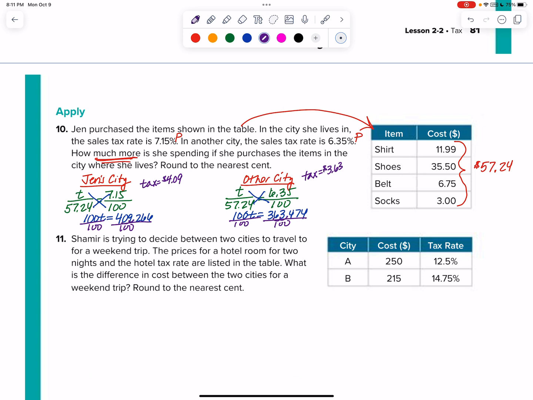The original amount of money was the same for each place, so obviously the one with the smaller tax rate is going to be different, but that's not what they're asking. Obviously it's going to be cheaper in the other city. It's asking how much more is she spending if she purchases the items in the city where she lives. Well, I mean, $4.09 and $3.63.